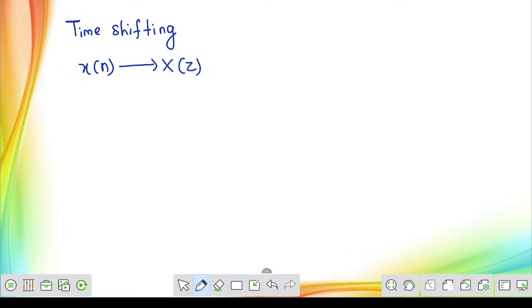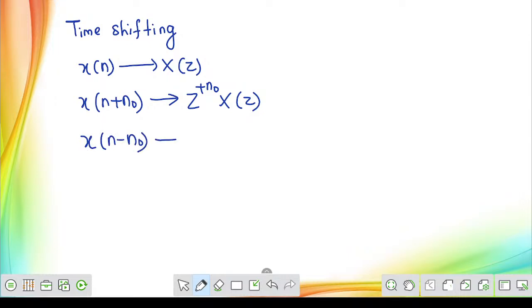Suppose your signal is shifted by an amount of plus n naught, then its corresponding Z transform is going to be z power plus n naught into x of z. Suppose I have x of n minus n naught, then its corresponding Z transform is going to be z power minus n naught into x of z.